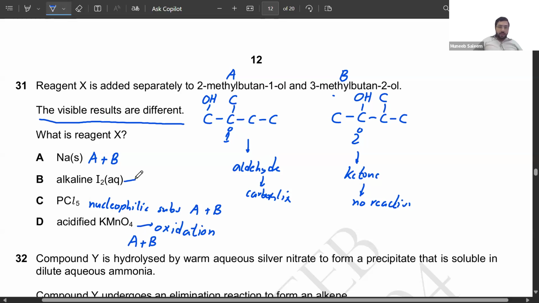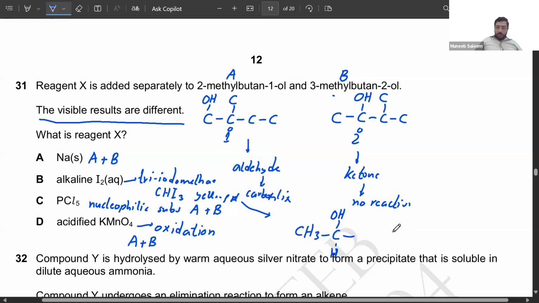Whereas alkaline I2 is basically the reaction of the triiodomethane or iodoform test, in which CHI3 is produced in the form of a yellow precipitate. So for this reaction to be possible, we need a compound in which a methyl group is bonded with a carbon having an OH group on it in case of alcohol, and then a hydrogen on it.